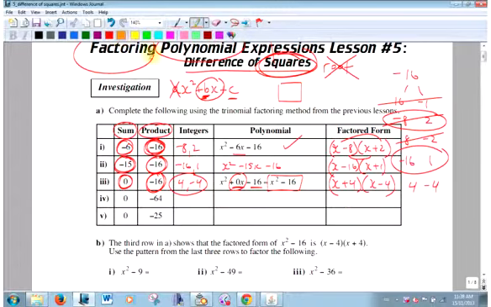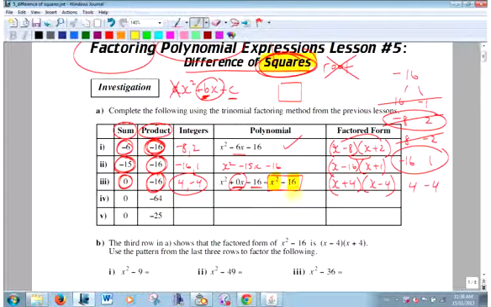Let's further analyze this. How else could I name that? That's x squared. Is that also the square of x? Sure. What's that the square of?